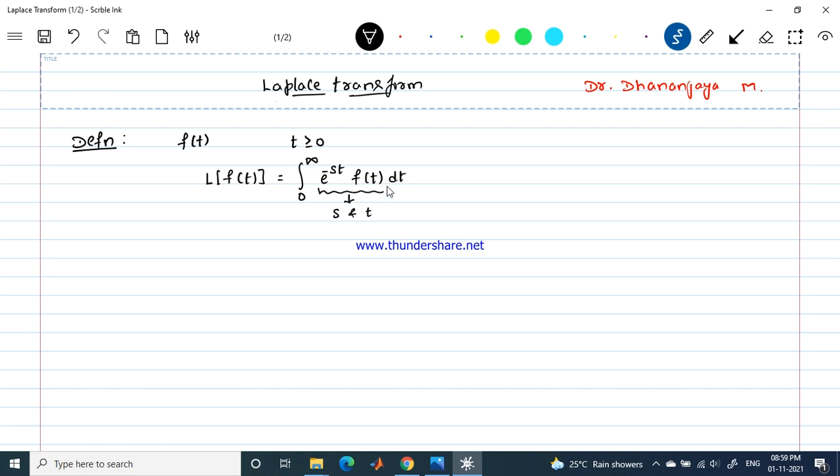So if this integral exists, then it will be a function of s alone, and we denote it as capital F of s. And from now onwards, if I say L of some function f of t equals F of s, that says the Laplace transform of the function f of t exists and it is equal to capital F of s.